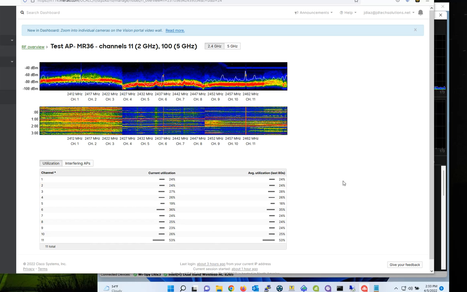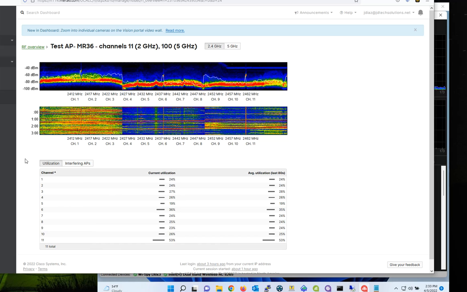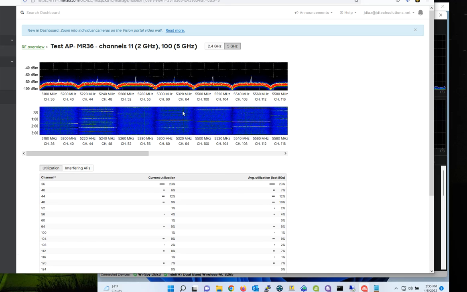And lastly, something that is going to be super useful for you to keep in mind. Even though the information from the spectrum analyzer may be a little bit different from the information that the access point sees, if you have automatic channel selection on your access points, this is the information that algorithm is going to rely on to adjust the channels that it is broadcasting and transmitting on.